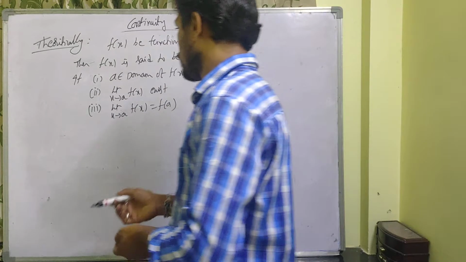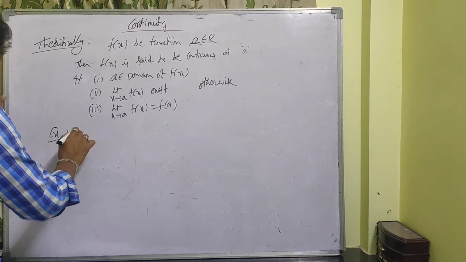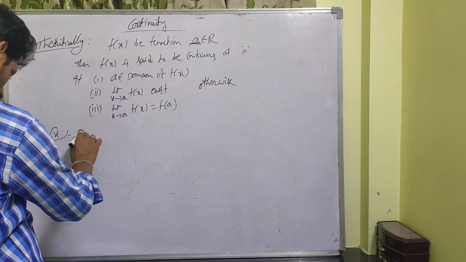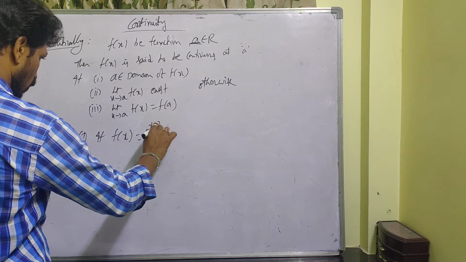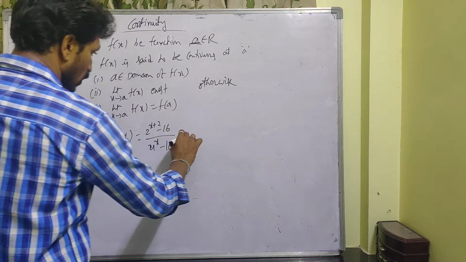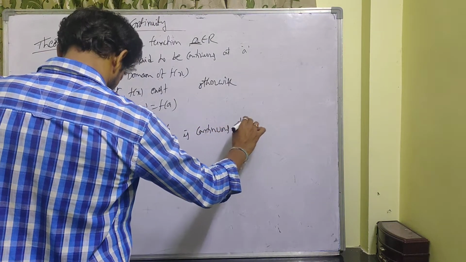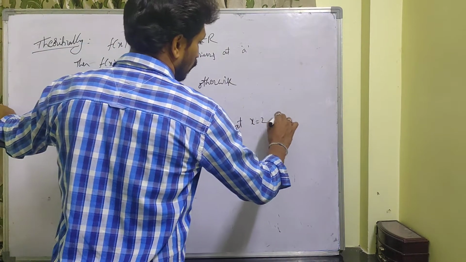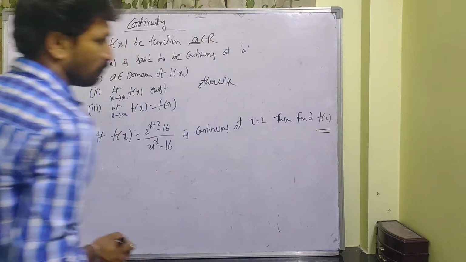Okay, take an example. If f of x is equal to (2 power x plus 2 minus 16) by (4 power x minus 16) is continuous at x equal to 2, then find f of 2.